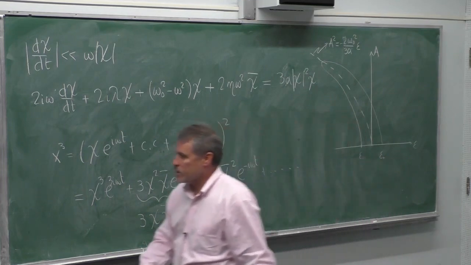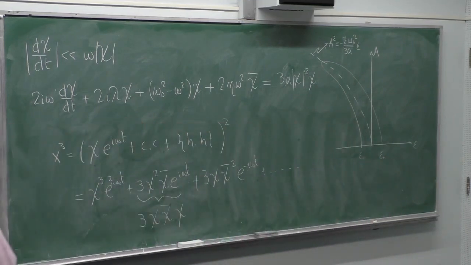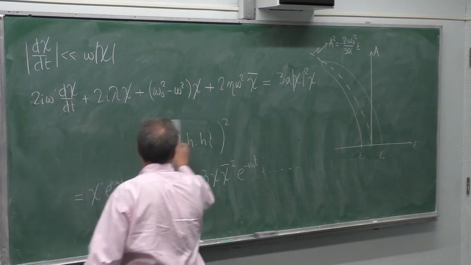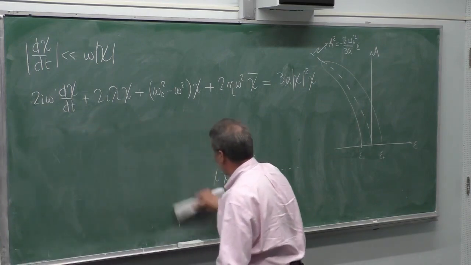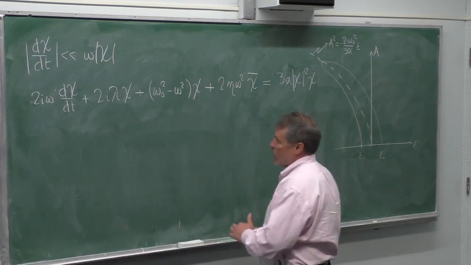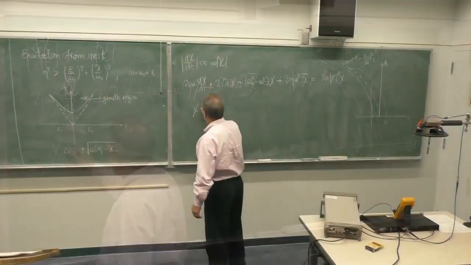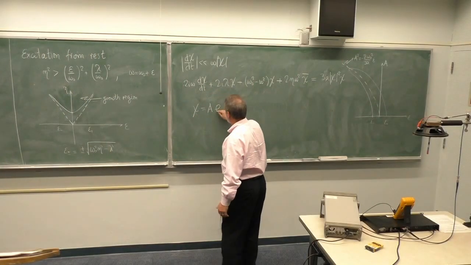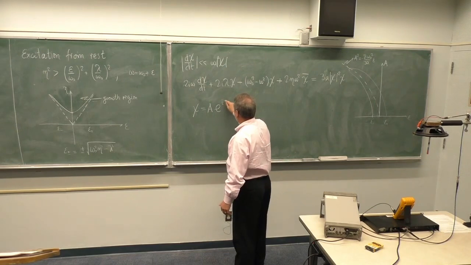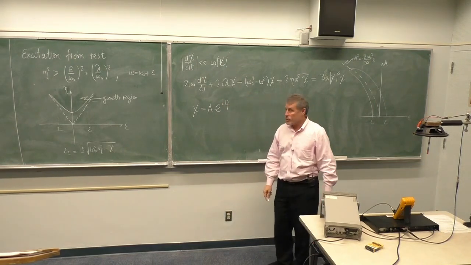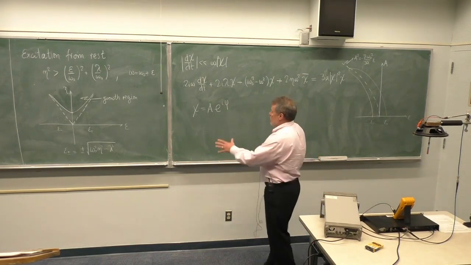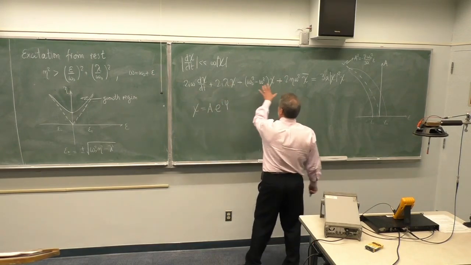We can do it the same way: decompose this in its polar form and represent χ as a real amplitude times e^{iφ}, a phase that is also real, and shove it into here.